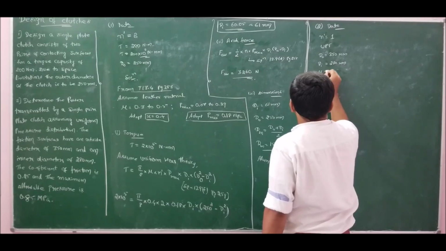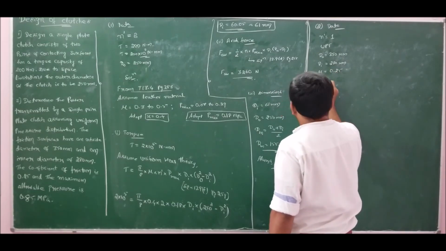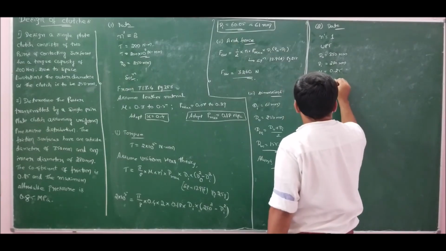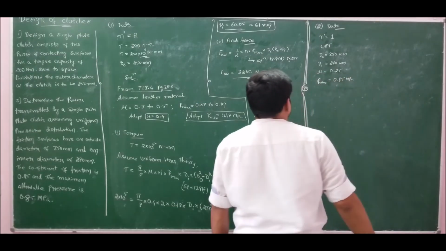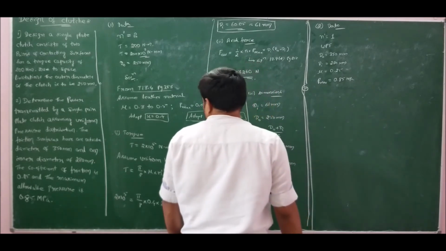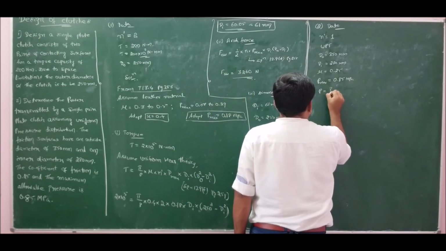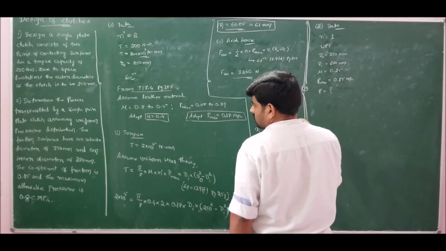And we are also given the coefficient of friction as 0.25 and P max, maximum pressure, is specified as 0.85 megapascals. We should calculate the power transmission P, and that's all.